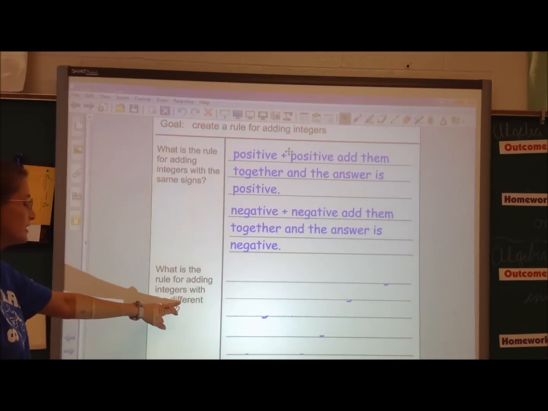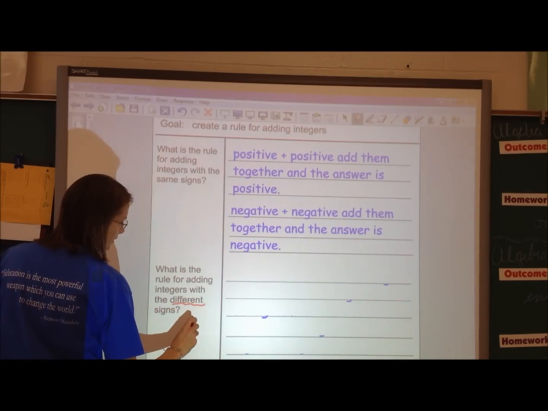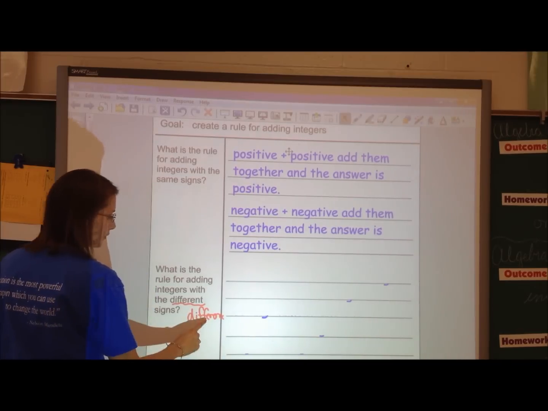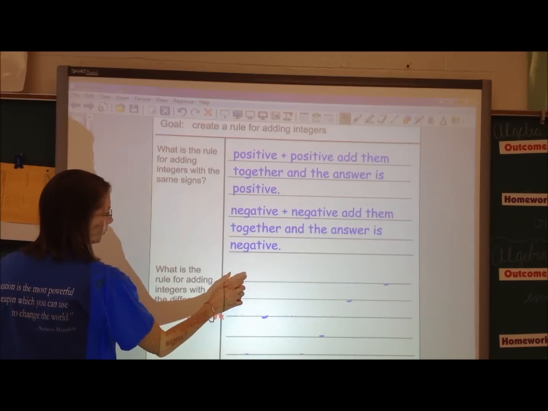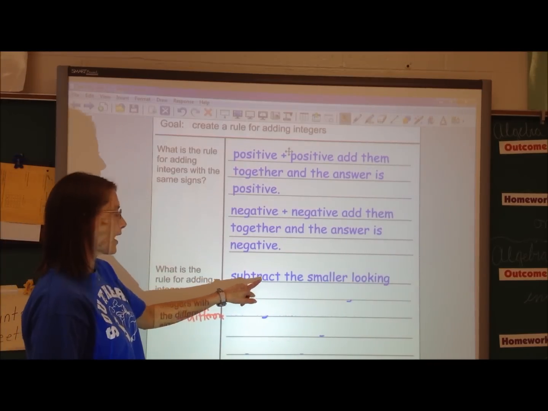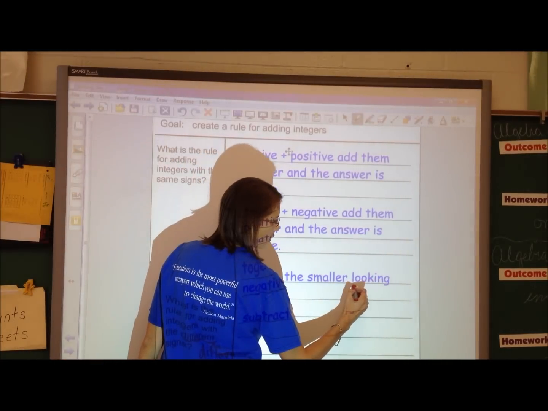Now what happens when we have different signs? And remember, different is just like the word difference. And we learned this year that difference means to subtract. So we're going to subtract the smaller looking. Remember, it only looks small. It just looks it.